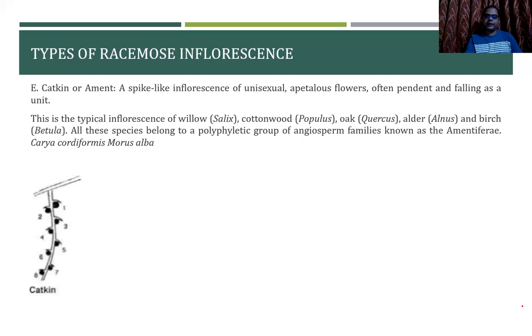Now, what happens in the case of catkin is that we have the spike inflorescence, but with unisexual flowers. Till now, we did not talk about the sexuality of the flower. In the case of catkin, we have unisexual flowers, and there is no formation of petals.